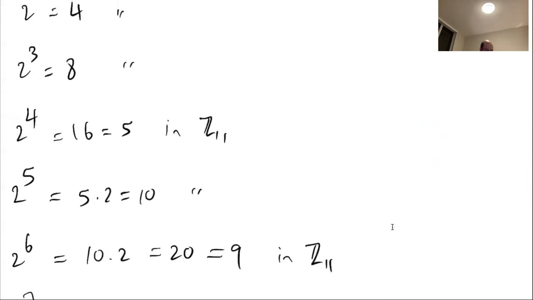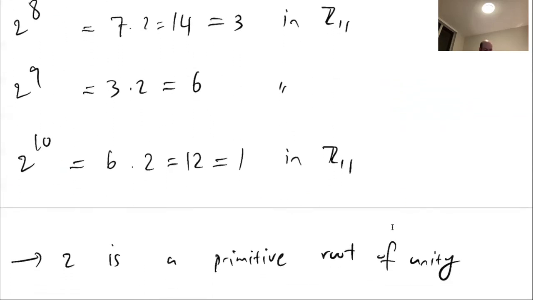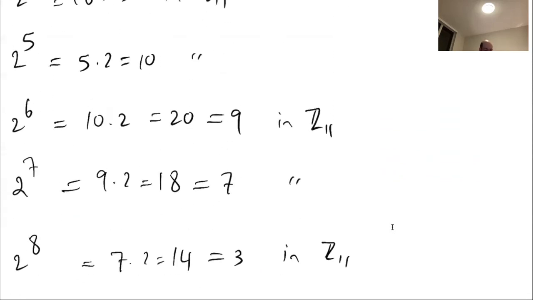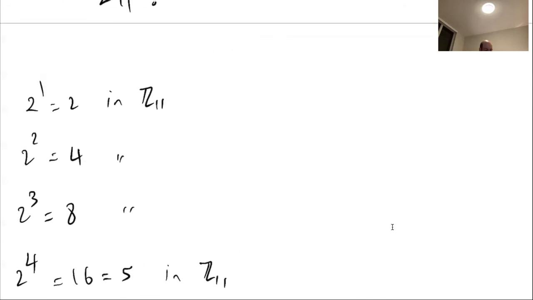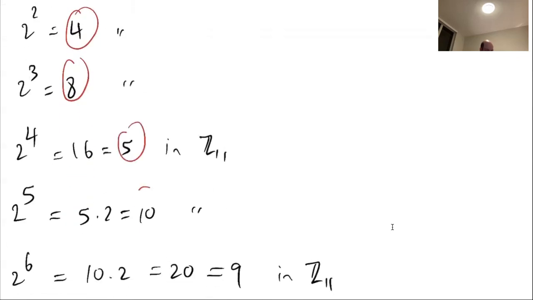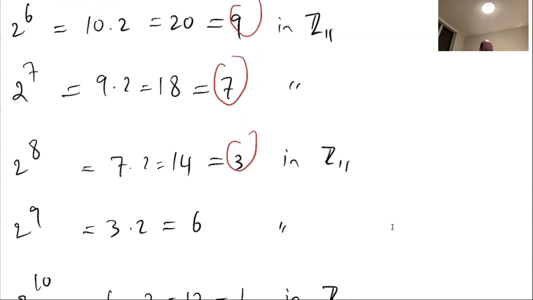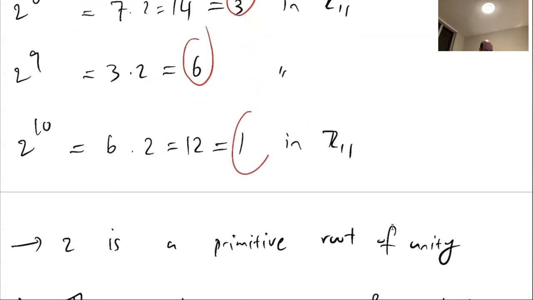Look at the powers: 2 is a primitive root of unity here because 2 to the power 10, 10 is the smallest power that 2 to that power gives us 1. But look at the powers of 2 here. The first element is 2, then 4, 8, 5, 10, 9, 7, 3, 6, and 1. So see, I have all the elements from 1 to 10 when I look at the powers of 2.